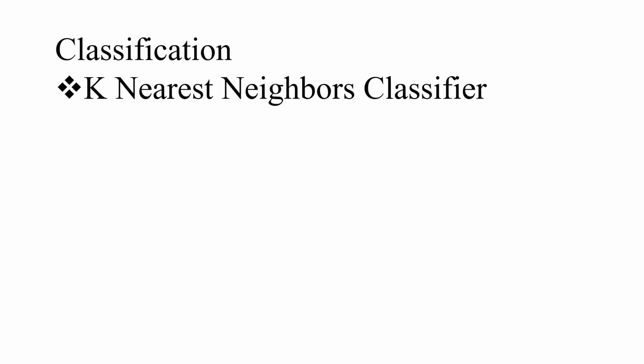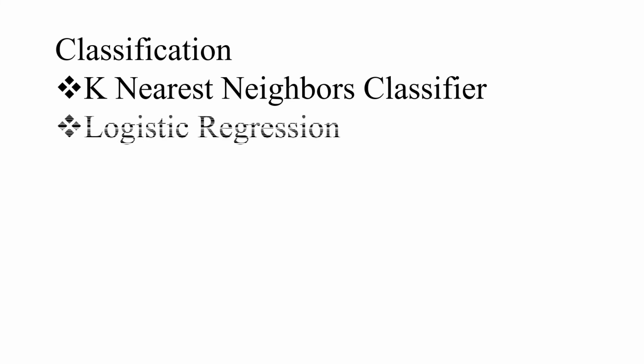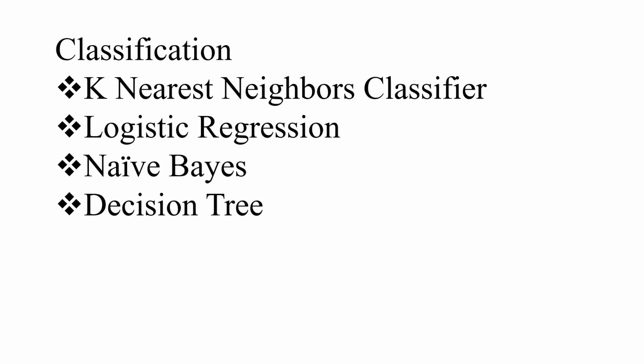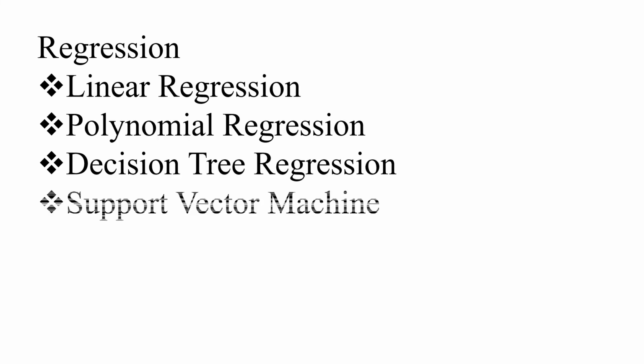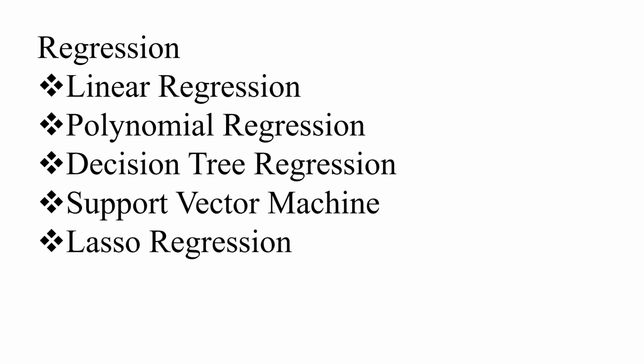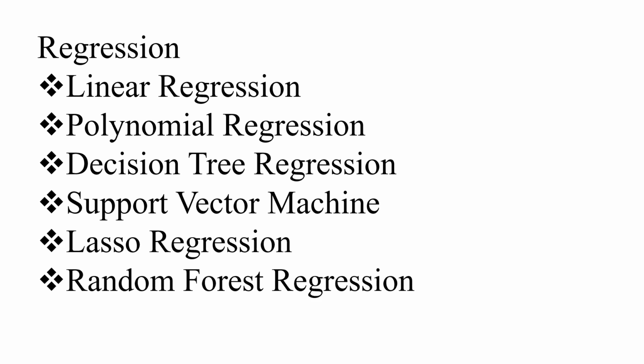We have k-nearest neighbor classifier, logistic regression, naive Bayes, decision tree, random forest, and support vector machine. Now, let's look at the different regression algorithms. Linear regression, polynomial regression, decision tree regression, support vector machine, lasso regression, and random forest regression.